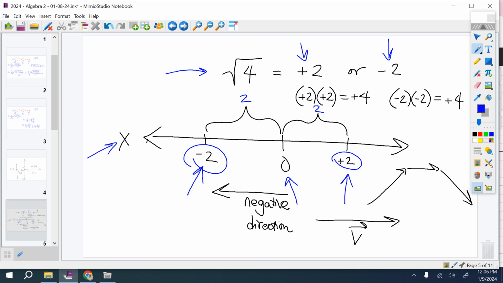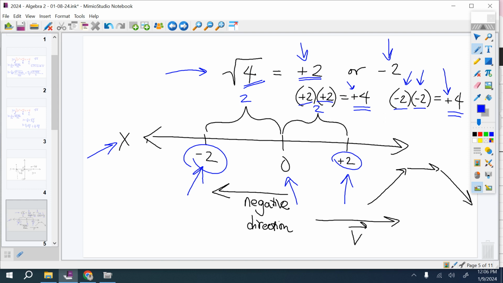That's because we're asking what number multiplied to itself will give us a +4. +2 times +2 gives us +4, and -2 times -2 also gives us a +4.